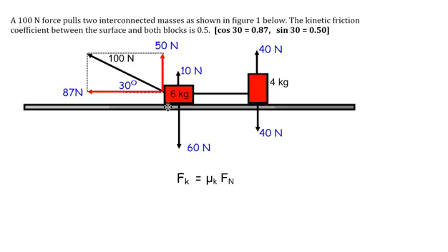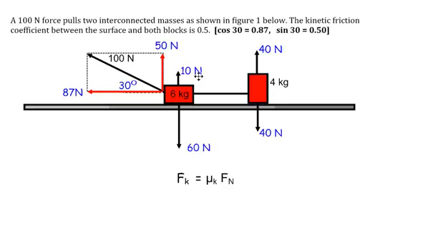In the case of the 6 kilogram mass, it's not pushing down with 60 newtons on the surface. Yes, it is being pulled down by gravity, but it's also being pulled up by the 100 Newton force by an amount equivalent to 50 newtons. And thereby, the mass pushes down only with 10 newtons on the surface, and therefore the surface reacts with a force upwards of 10 newtons. So that's the normal reaction.